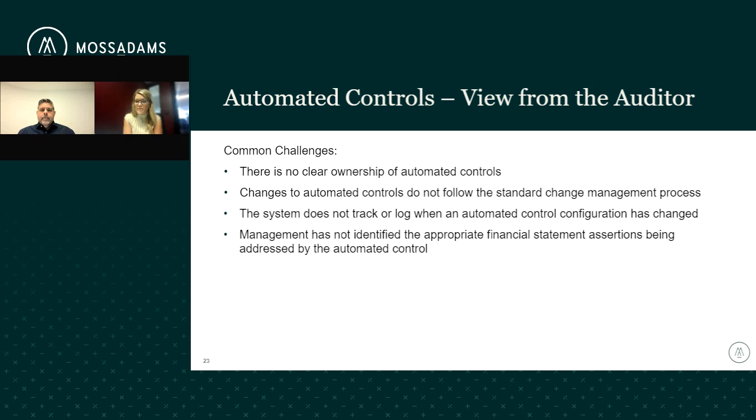And oftentimes we'll see management point to an interface control for both completeness and accuracy. When you actually look at the design or how interface controls operate, they really are only addressing completeness in most cases. So making sure that a batch run was complete, a number of rows of data was completely transferred, and it's not addressing accuracy. So that's probably the most common one I can think of, but being precise on those financial statement assertions.